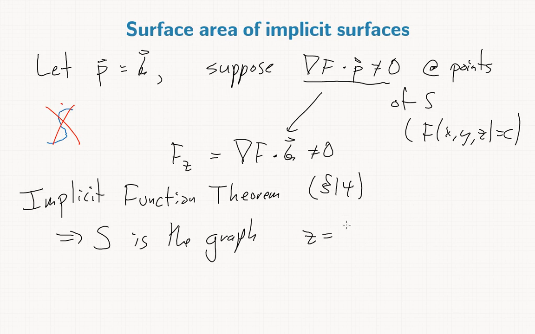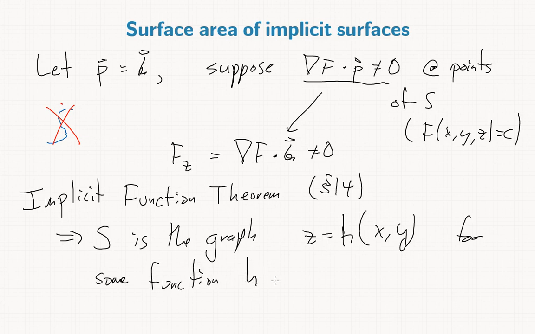So S is z equals h of x, y. I started drawing f, but I meant to draw an h. So S is the graph of a function, for some function h, but we usually don't know.